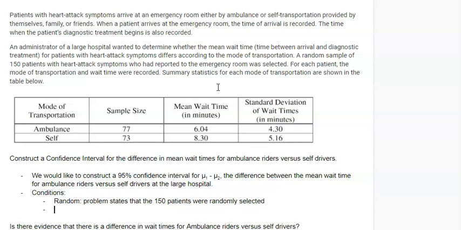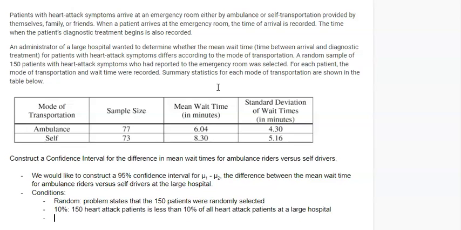That's not one of the things they look for. 10% rule: it's reasonable to assume that 150 heart attack patients is less than 10% of all heart attack patients that they would see. And the last, the large counts rule. This one, thankfully, both samples are over 30. You do have to make sure that the large counts rule is met for both the samples. And in this case, we have that, so we're good.